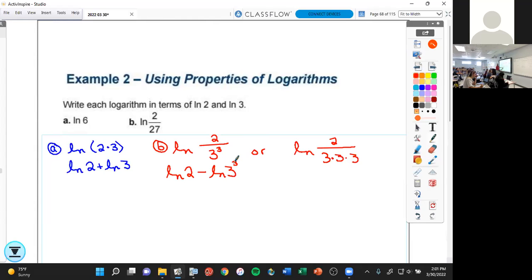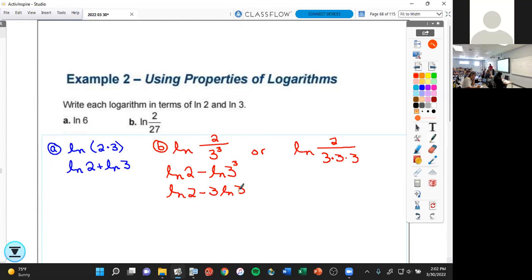So natural log of 2 minus 3 natural log of 3. Did I write this in terms of natural logs of 3s?